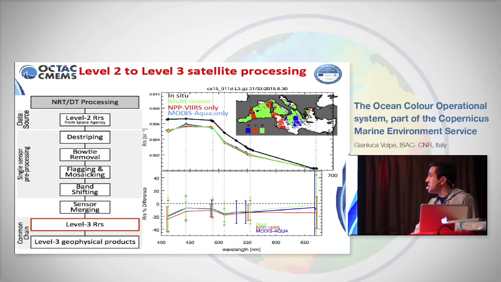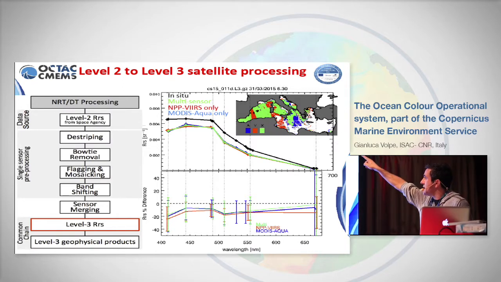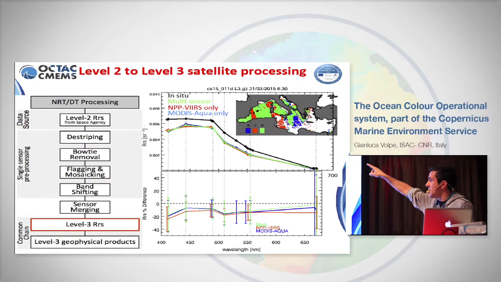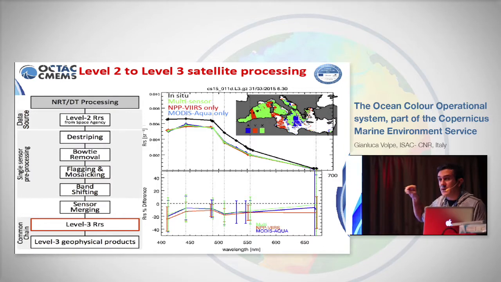But an important point is that in blue here is shown the area only sampled by MODIS Aqua. In red, the one only sampled by VIIRS. In green, the combination of the two. You can see that all together makes the merged product.